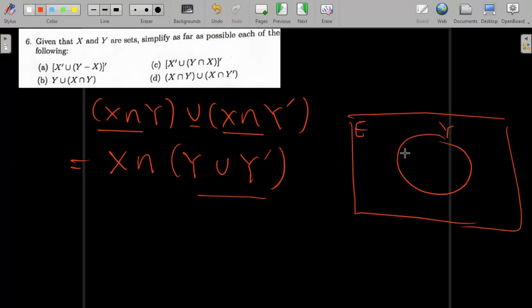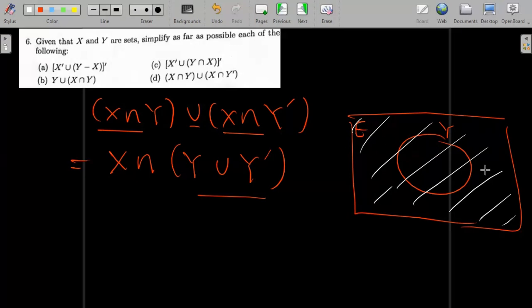So now there's union, so you're bringing all that together. And when you bring all that together, this will just be the entire set, the universal set, because you see we're shaded in the universal set like that. So this is what I get, the universal set.